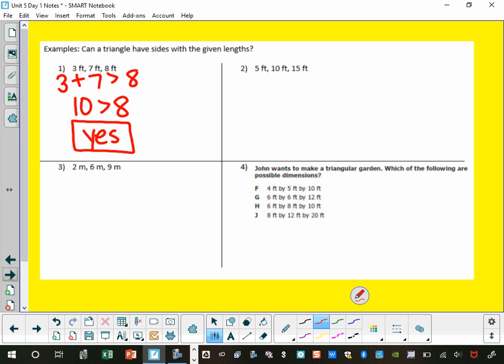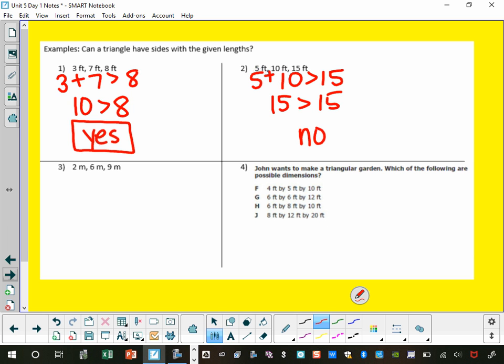Number 2, I have 5, 10, and 15. Which two numbers do I want to add together? If I add 5 and 10, I want to see if it's greater than 15. It's equal to, so 15 is not greater than 15.